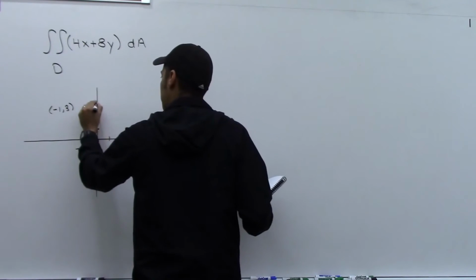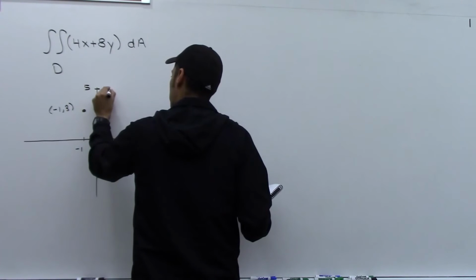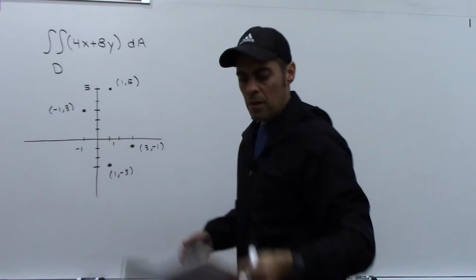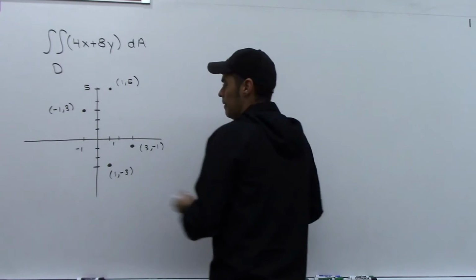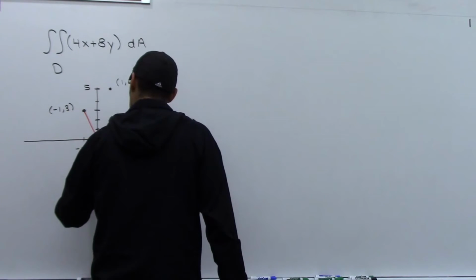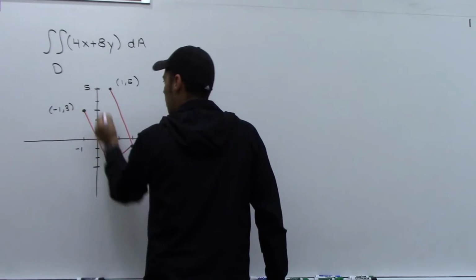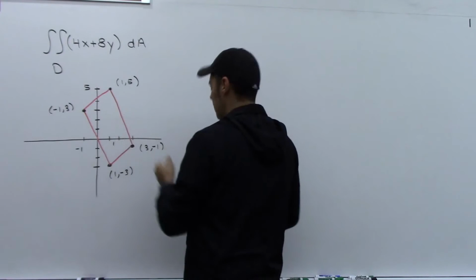And 1, 5. So it's the parallelogram formed by those 4 points. So let me see, I believe this is going to go down like this. It's going to go down like this, across like that. Okay, there's my parallelogram, that's my D.